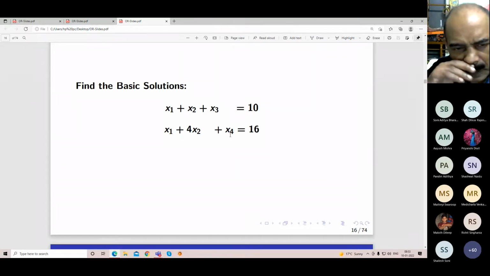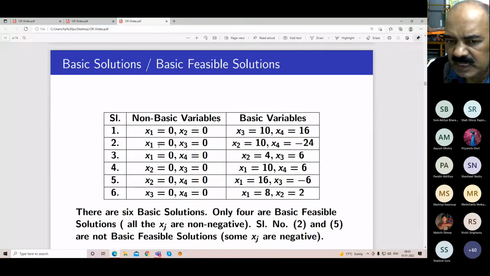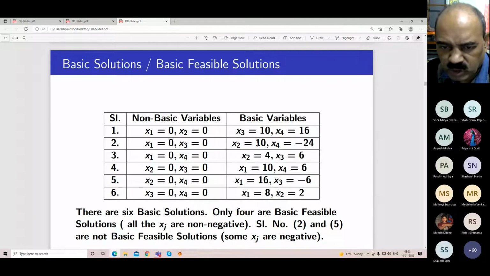That is 40 minus something, so x4 is becoming minus 24. So the second time, setting x1 equal to 0 and x3 equal to 0, we are finding x2 equal to 10 and x4 equal to minus 24.